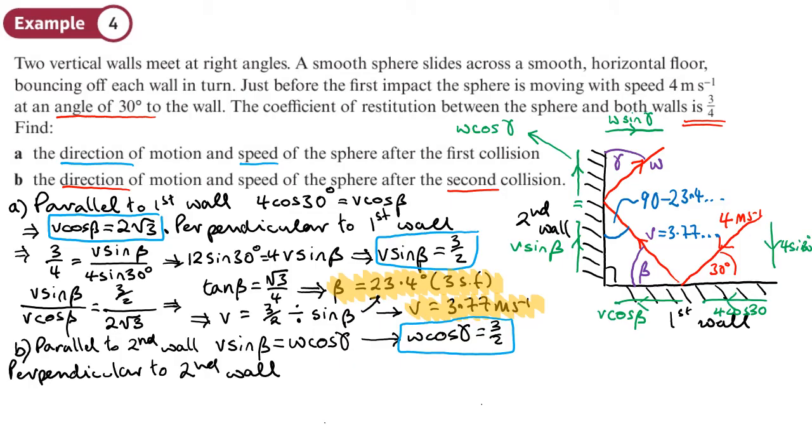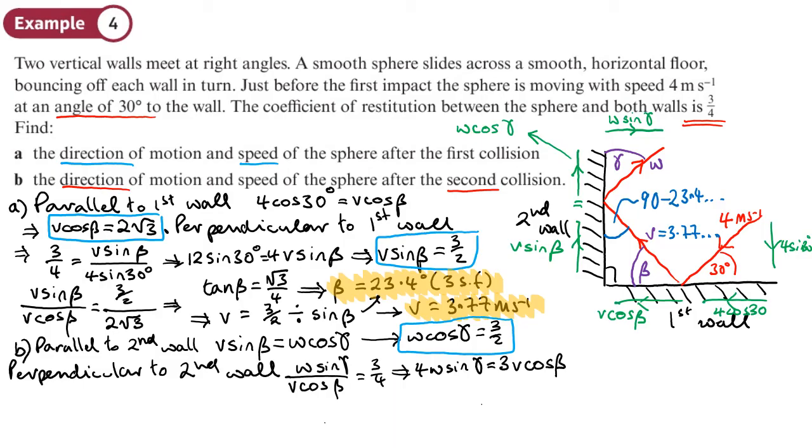So using the coefficient of restitution, which is 3/4, we've got the rebound as W sine gamma over the approach, which is V cos beta, equals 3/4. So what we can do from there is cross multiply, and we'll have 4 W sine gamma equals 3V cos beta.